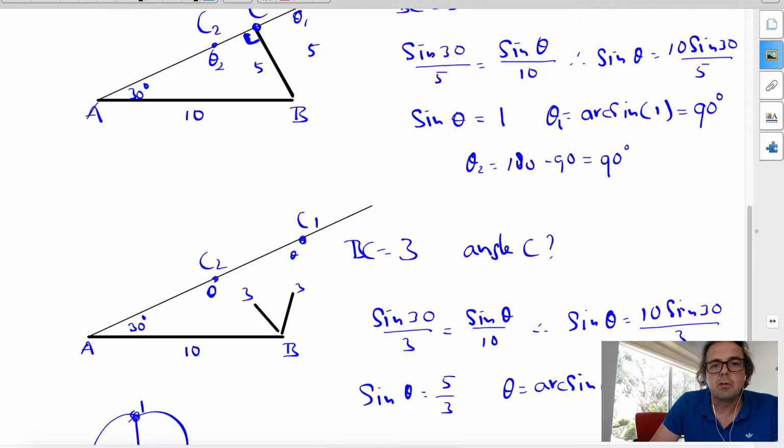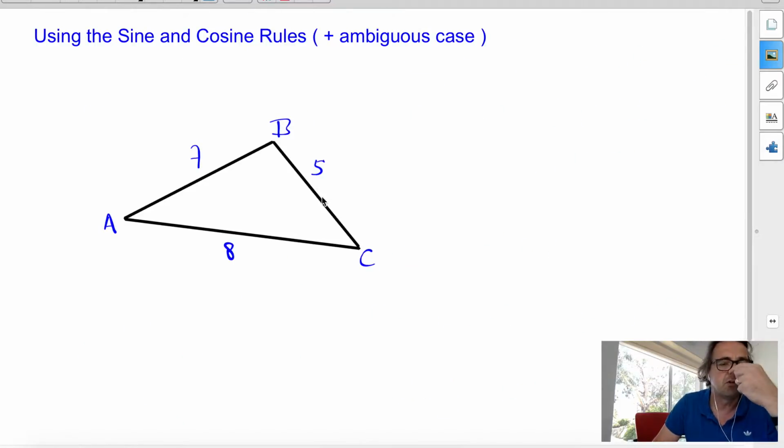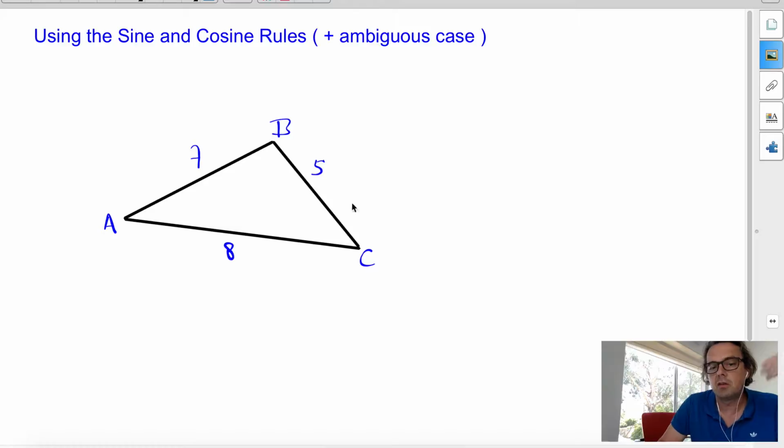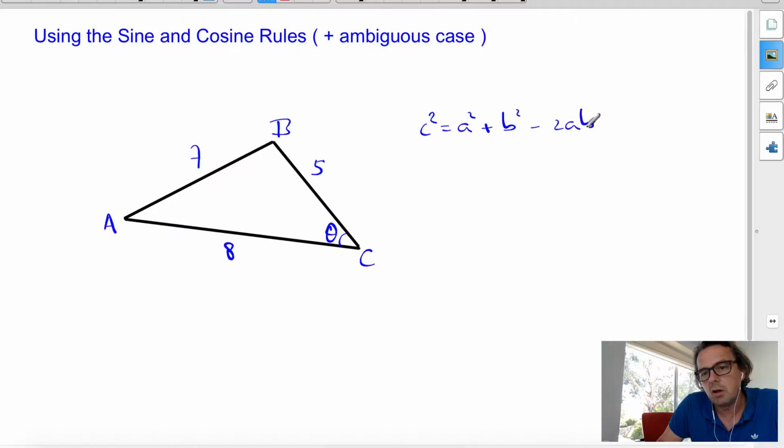Now, final example is for the cosine rule. The cosine rule you can use when you've got 3 sides given, or maybe 2 sides and an included angle. Here we've got 3 sides given. And let's find out again what the angle at C is, theta. Well, you plug it into the cosine rule. You just say c squared equals a squared plus b squared, take 2ab cosine c.